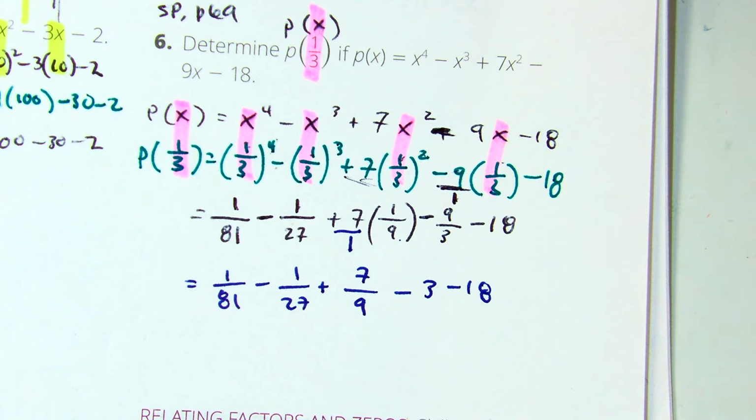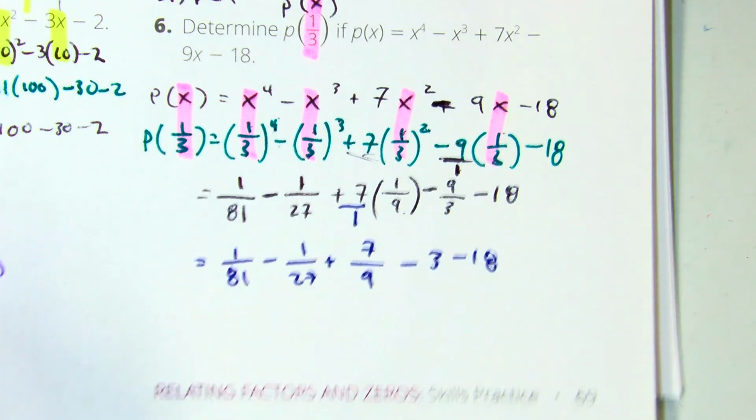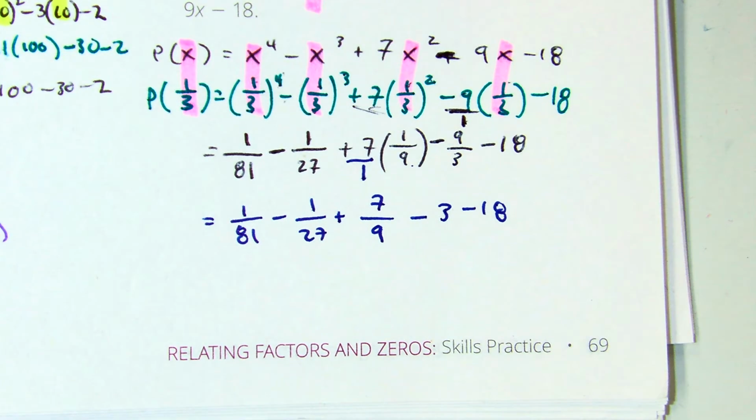And this one doesn't look like a fun fraction. You could get a fraction, but you're eventually going to get a decimal anyways. So let's go ahead and convert those.